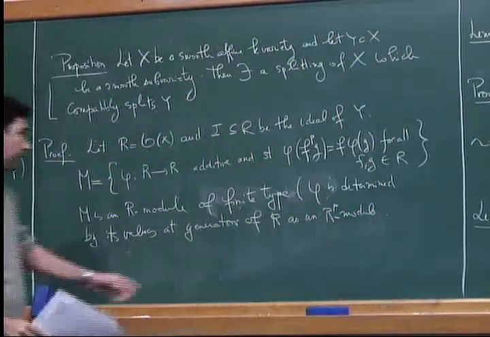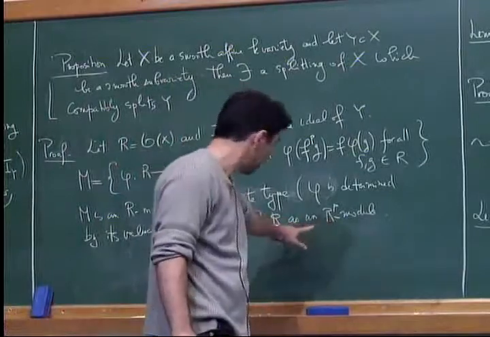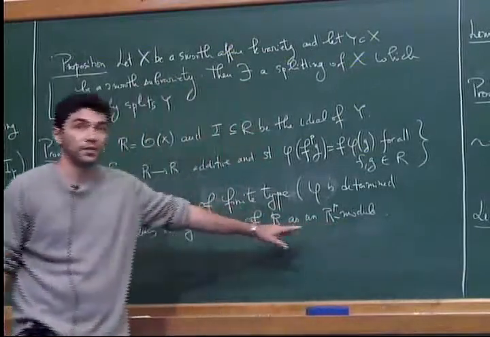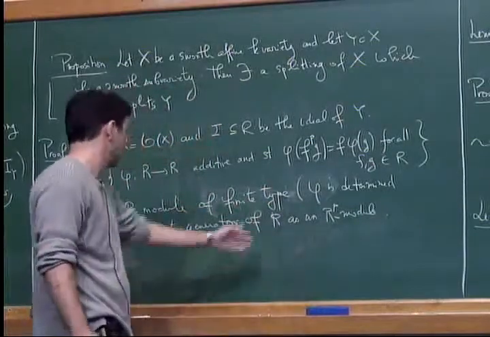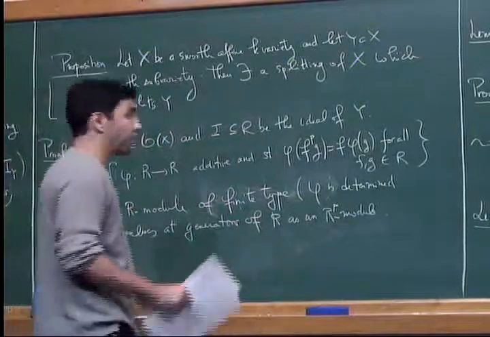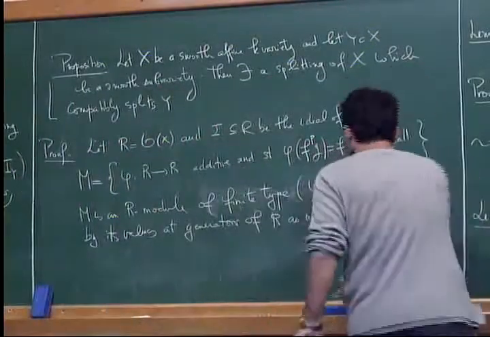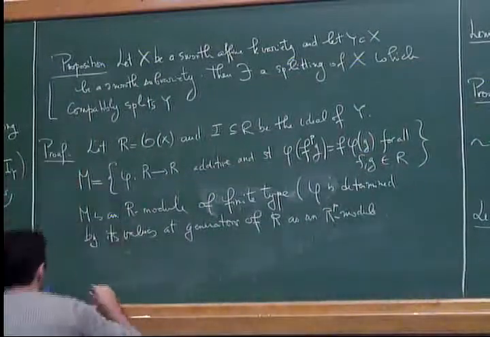We saw yesterday that the Frobenius is finite and flat, and as a consequence R as an R to the p module is a finite module. So you choose a finite set of generators.